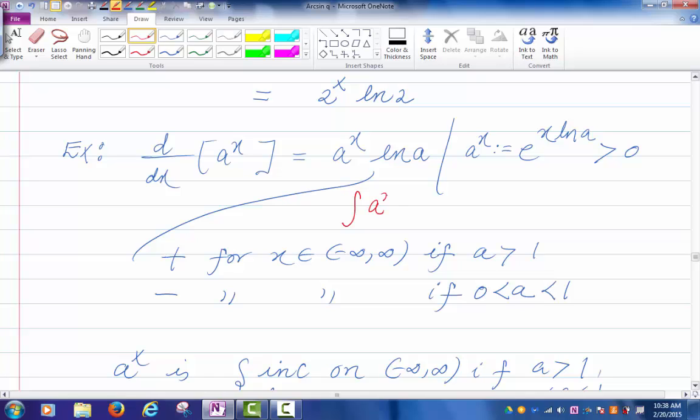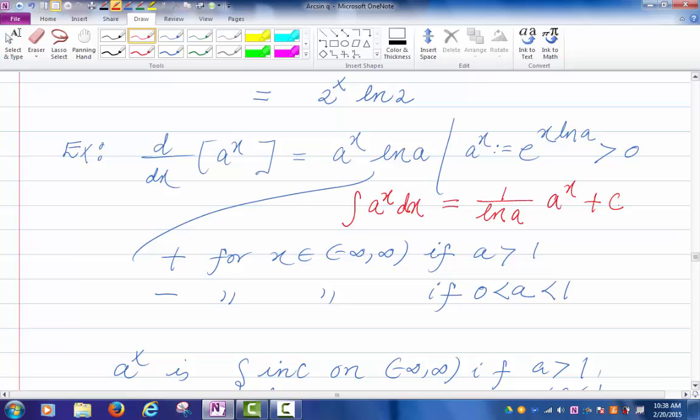If I take the integral of a to the x, what would I get? It will be 1 over ln of a times a to the x. Why?